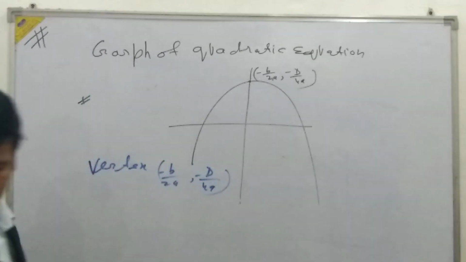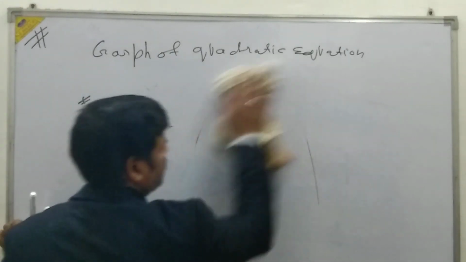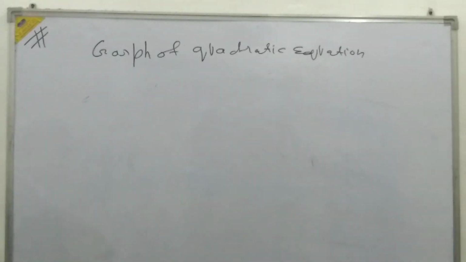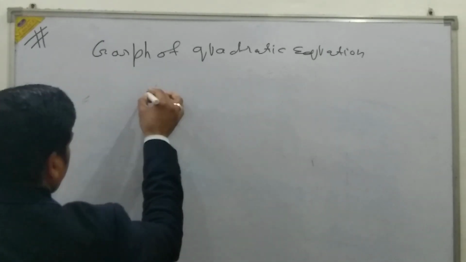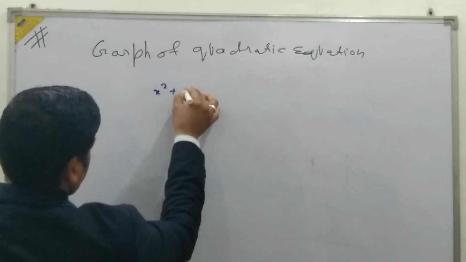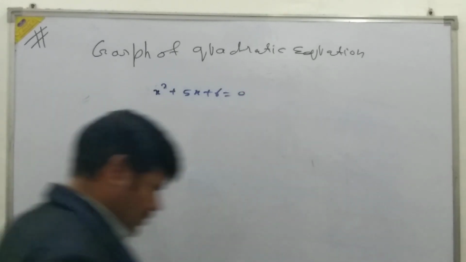Now one more example. Suppose x square plus 5x plus 6 is equal to 0. This is a quadratic equation.